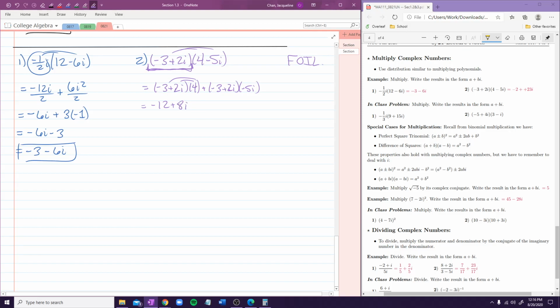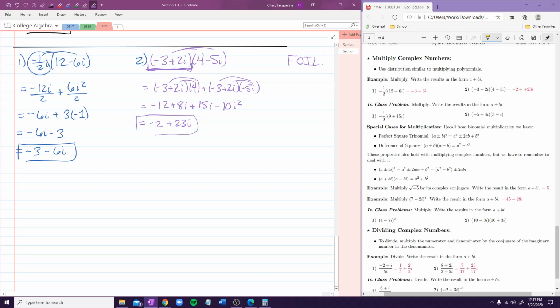And then over here, this is positive 1, so we don't have to worry about this side, but we still have to distribute the negative 5i. So we get plus 15i minus 10i squared. I squared is negative 1, and negative 1 times negative 10 is positive 10. Positive 10 plus negative 12 is negative 2, and this becomes 23i.